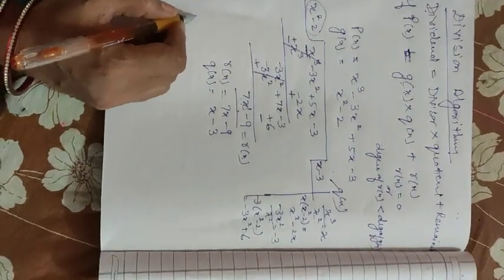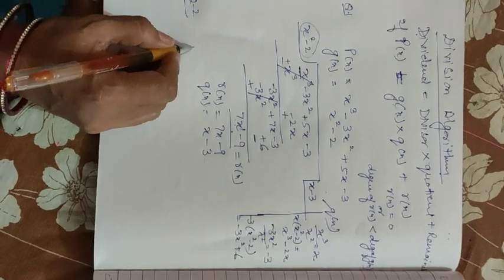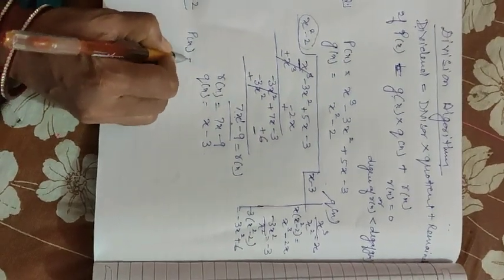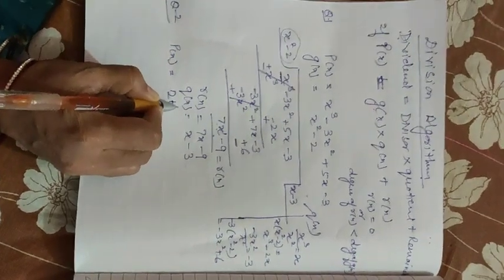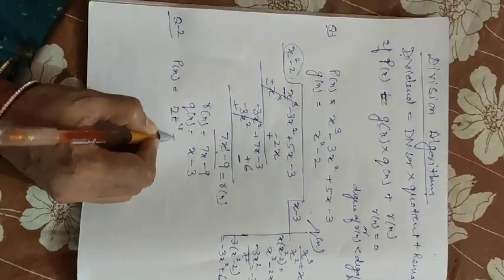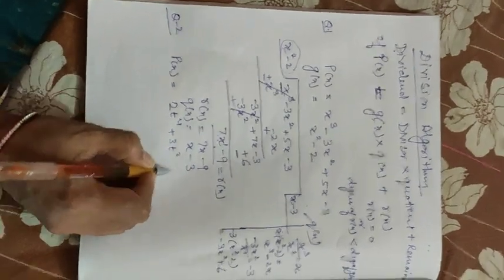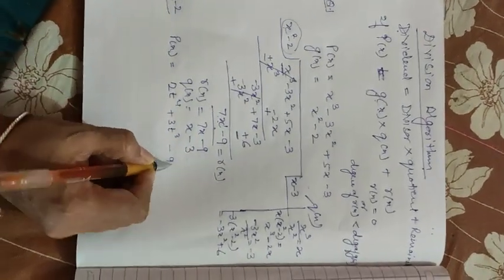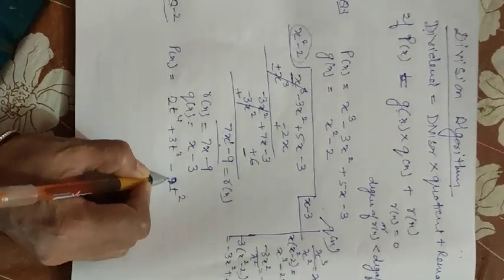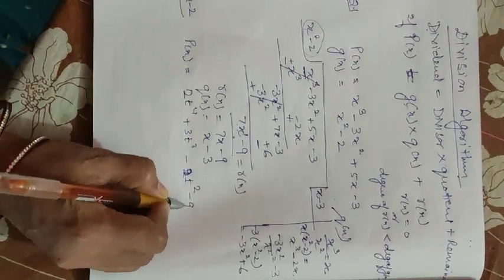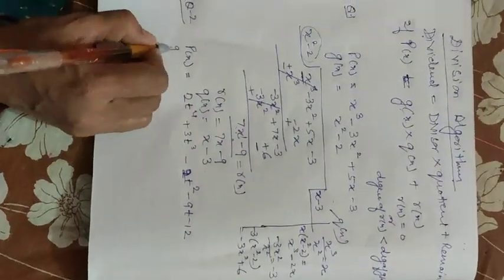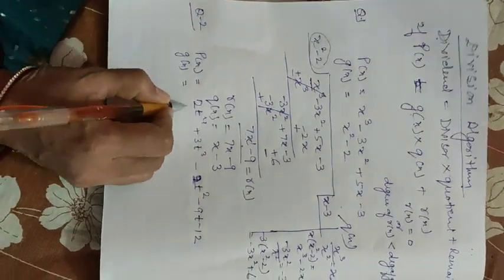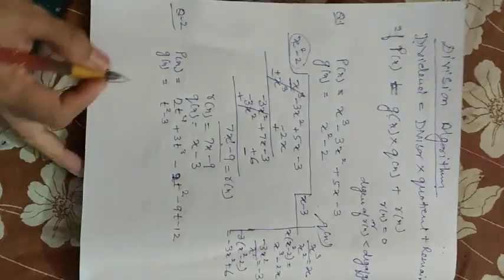So let us consider the second polynomial p(x) as 2t raised to the power 4 plus 3t cube minus 2t square minus 9t minus 12, and the first polynomial with which we have to divide, let's consider it g(x), will be t square minus 3. So let's divide.